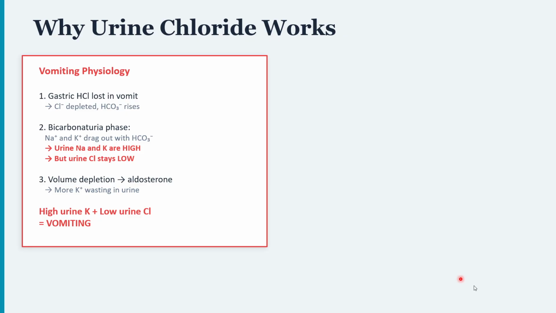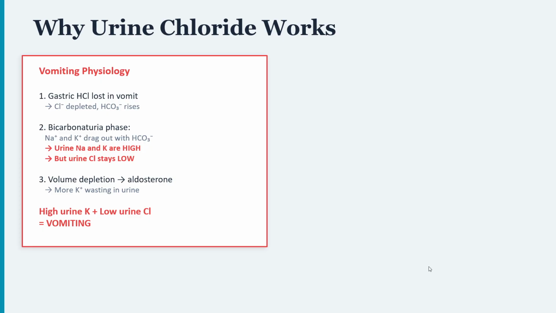But urine chloride stays low because chloride was lost in the vomit, not in the urine. And then volume depletion activates aldosterone, which causes even more potassium wasting. So the pattern in vomiting is high urine potassium, high urine sodium, but low urine chloride.